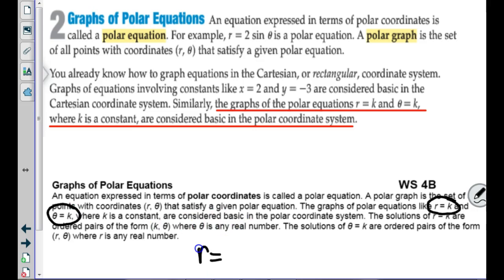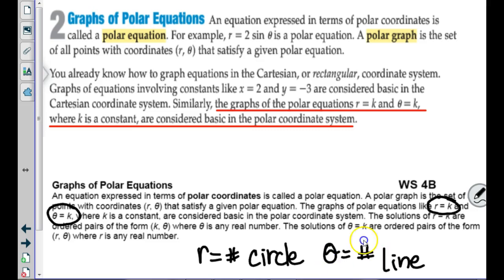Anytime you have r equals something, it's going to be a circle whose radius is whatever the number is. Anytime you have theta equals some number, it's going to be a line where all the points, no matter what the radius is, are on that line. That's important. It's on the quiz. Might want to write it down. R equals is a circle, theta equals is a line.